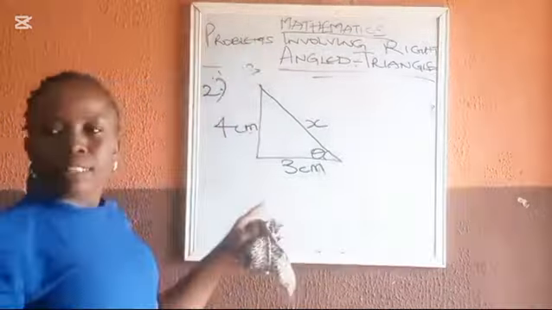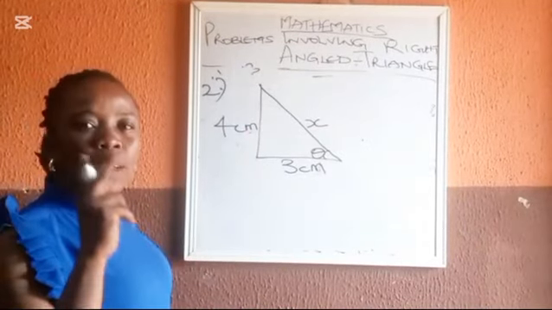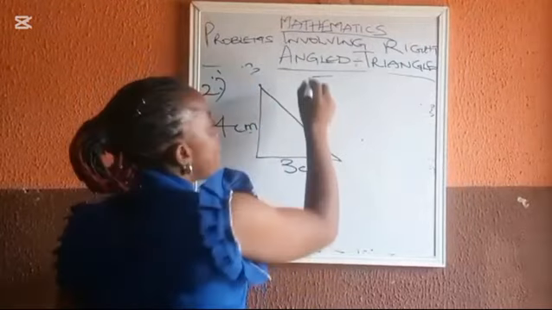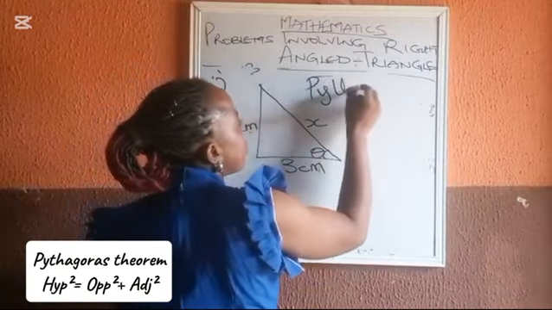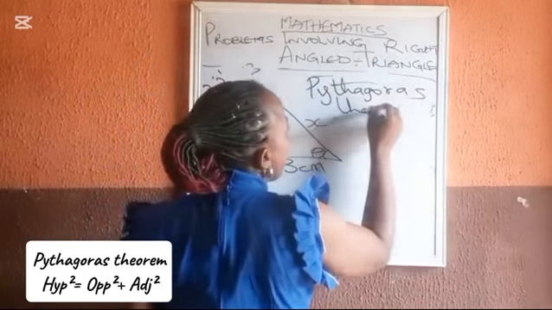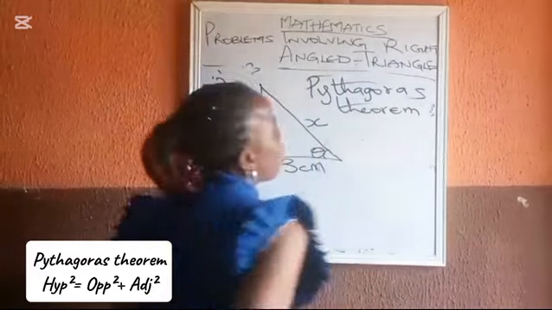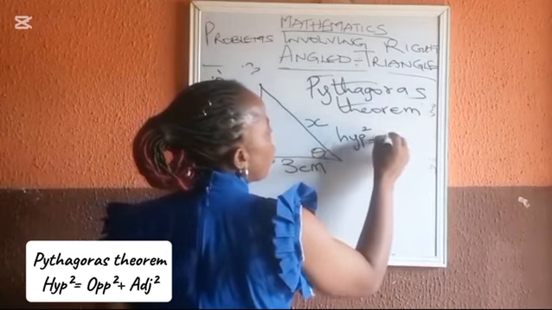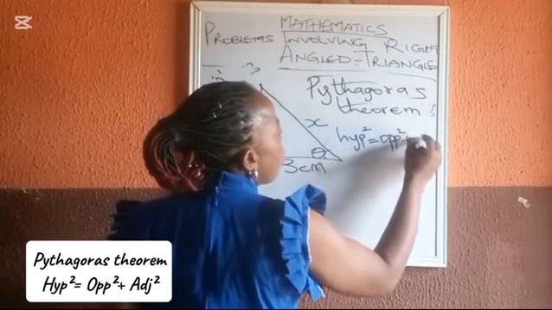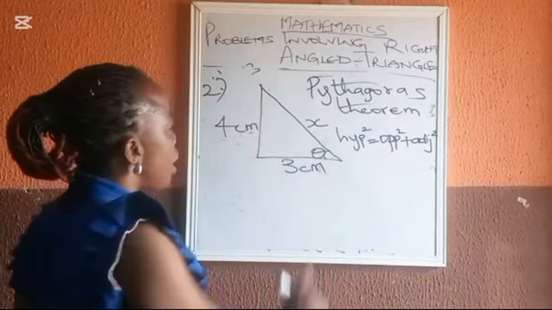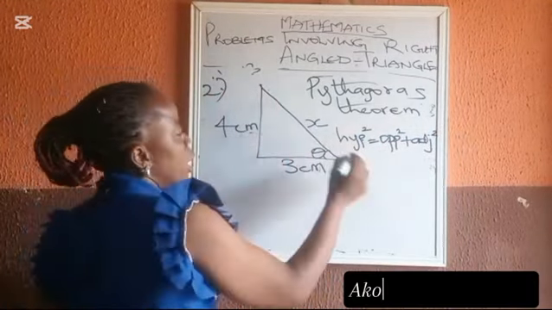So in doing this, when you are given two sides in a right angle triangle and you have to find the third one, we apply what we call the Pythagorean theorem. Now, the Pythagorean theorem states that your hypotenuse squared equals your opposite squared plus your adjacent squared. So here, my hypotenuse is x, which is unknown.